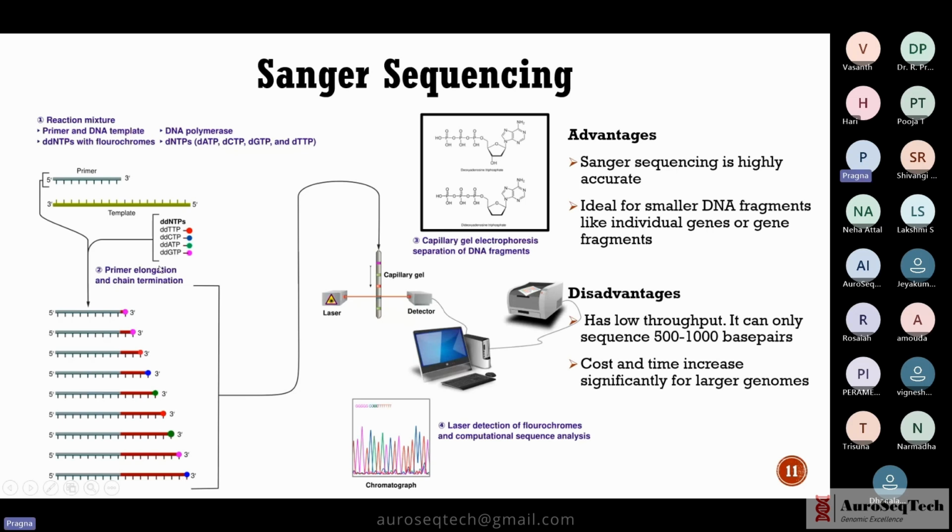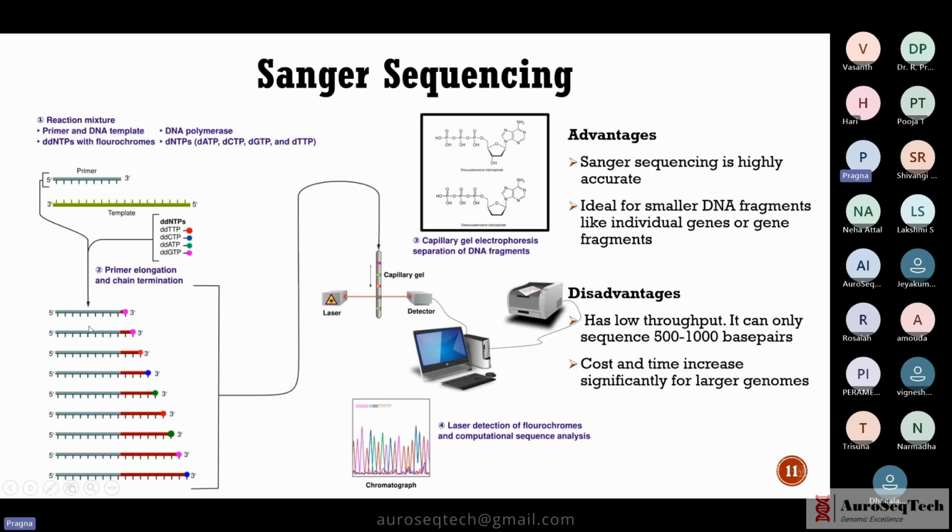I will again explain this procedure. The DNA polymerase incorporates dNTPs in the sequencing process. Whenever it encounters a ddNTP instead of a dNTP, the chain gets terminated there itself, and we end up having a bunch of DNA fragments of different sizes. Now these DNA fragments are passed through capillary gel electrophoresis.